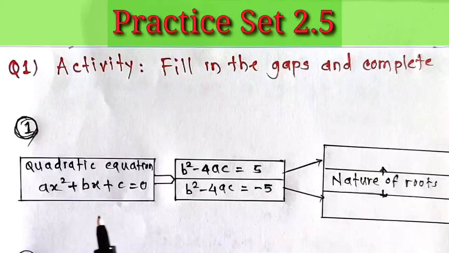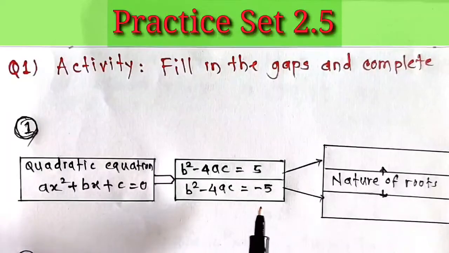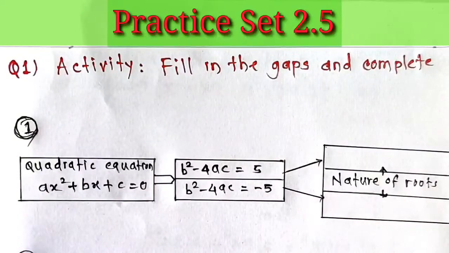First one is discriminant. When we compare this quadratic equation with ax square plus bx plus c is equal to 0, we get the values of a, b, c. And then we find the value of b square minus 4ac. That value of b square minus 4ac is called discriminant. Depending upon the value of b square minus 4ac, we can determine the nature of the roots.